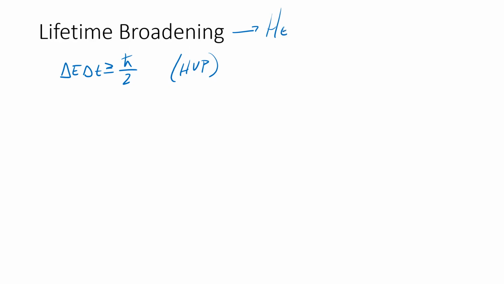Heisenberg, E before I. The Heisenberg uncertainty principle tells us that as the lifetime decreases, do you remember what I mean by lifetime? Think back to Jablonski. We talked a little bit about lifetimes.